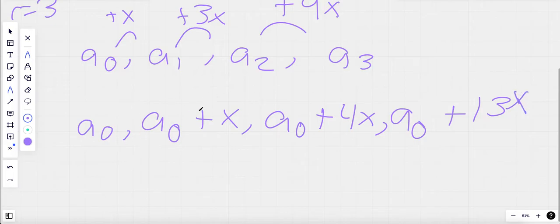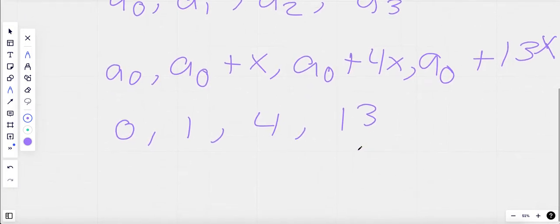And now we'll notice that we have a pattern emerging, because if we look at the coefficient of x in each of these, the coefficient is 0 here, here it is 1, here it is 4, and here it is 13.